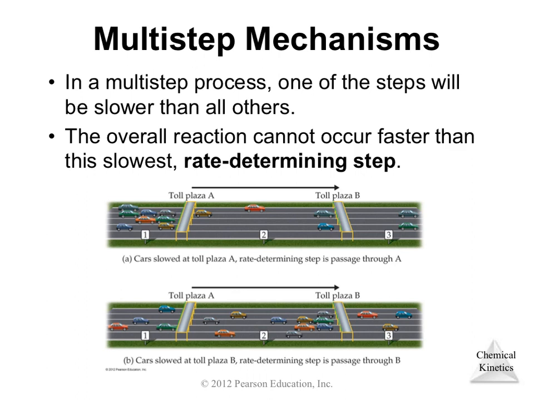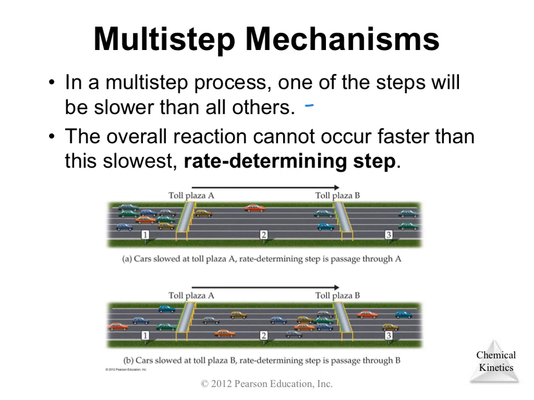So if it's an elementary process, we can find the rate law just from the balanced equation, looking at if it's unimolecular or bimolecular. But if it's a two-step process, we have to go through a different avenue in order to determine the rate law. So in multi-step mechanisms, one of the steps is going to be slower than the others.